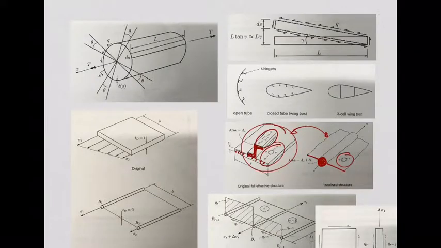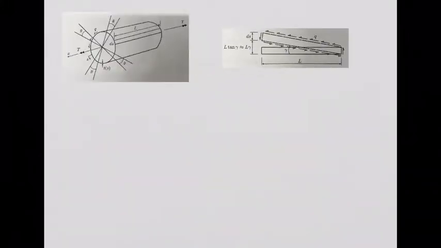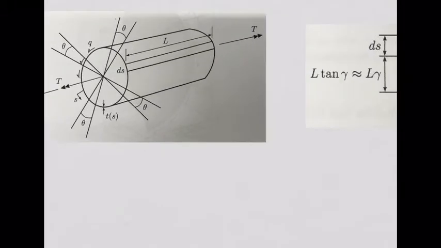In order to continue that analysis, I'm just going to copy this one here, and this one as well. Okay, so we are going to focus again on this element here.